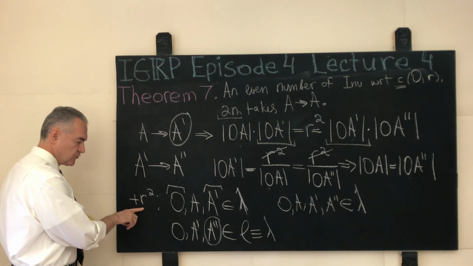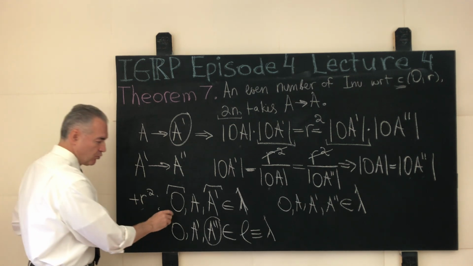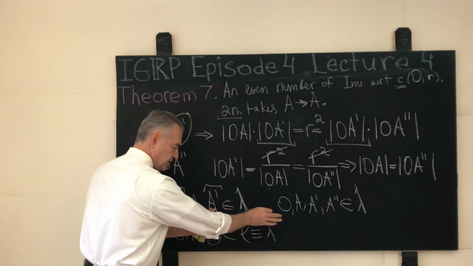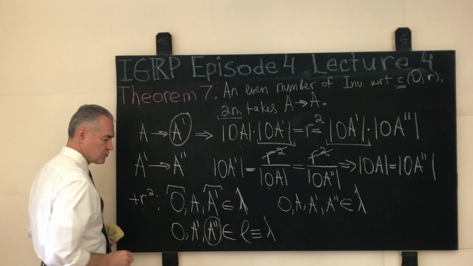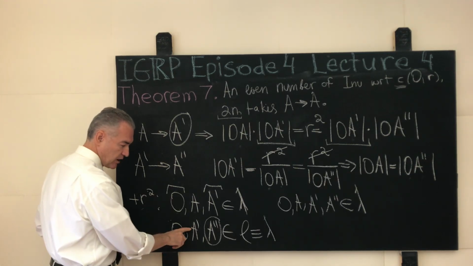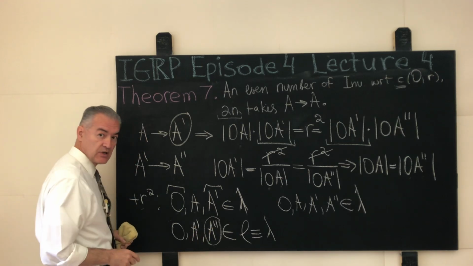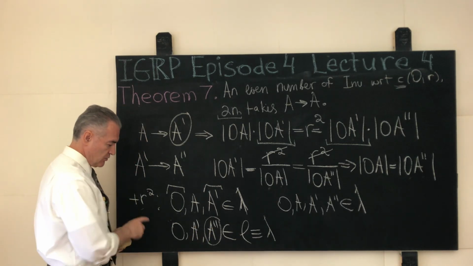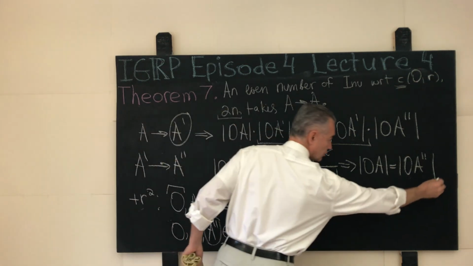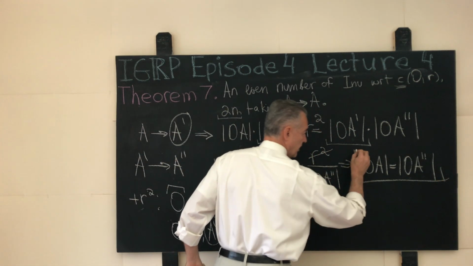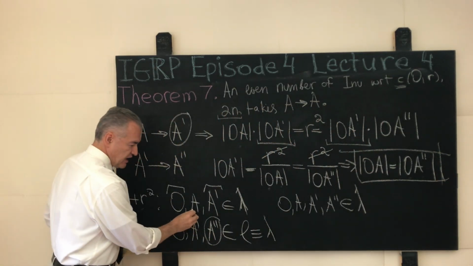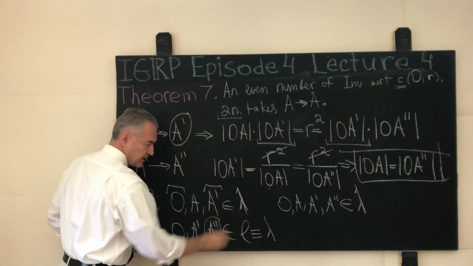Now, when the power of inversion is positive, the points O, A, and A prime are located on the same side of the center of inversion, and so must be the points A prime and A prime prime. So what does that mean? When the power of inversion is positive and this condition holds, the points A and A prime are on the same side somewhere.